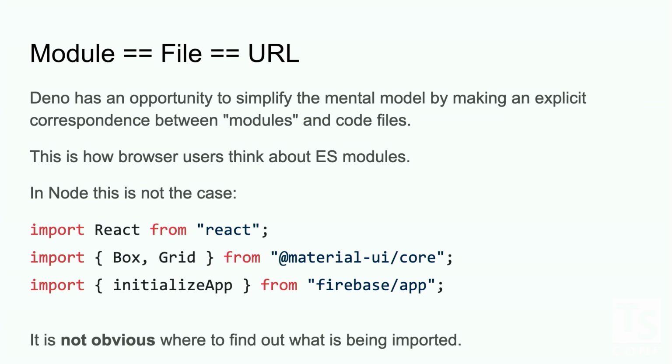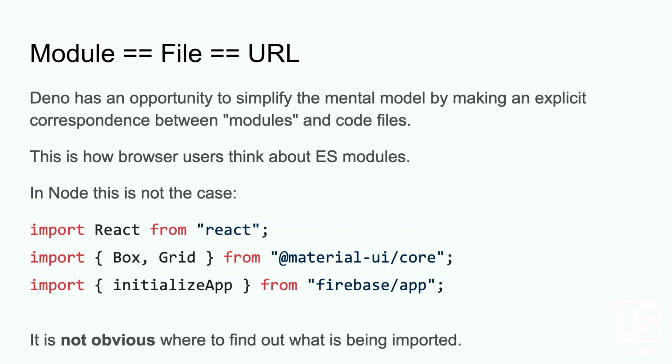So yeah, there's this esoteric point that I want to make. It's that in Deno, we treat modules and files as the same concept, which is not exactly what you see in Node, right? In Node, you have bare URLs. But even if you're doing a relative URL, you leave out the file name extension.